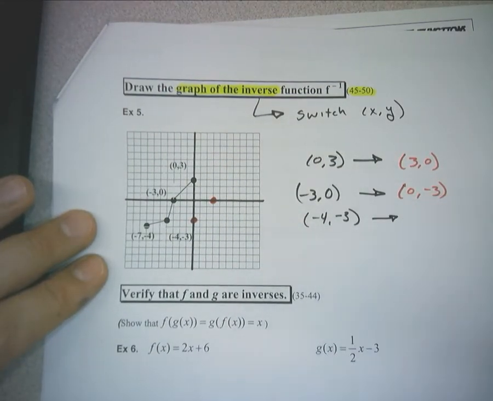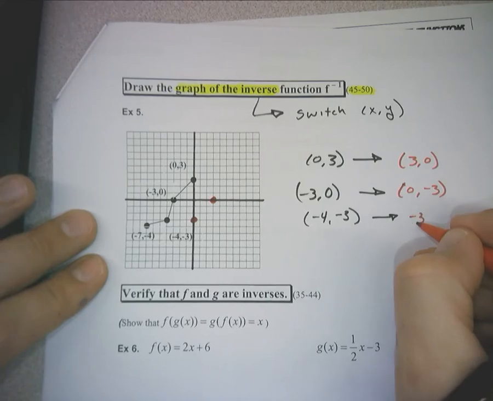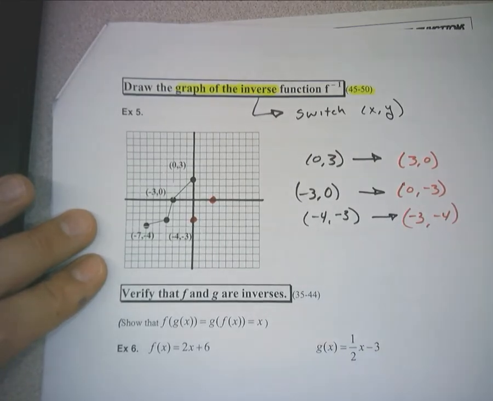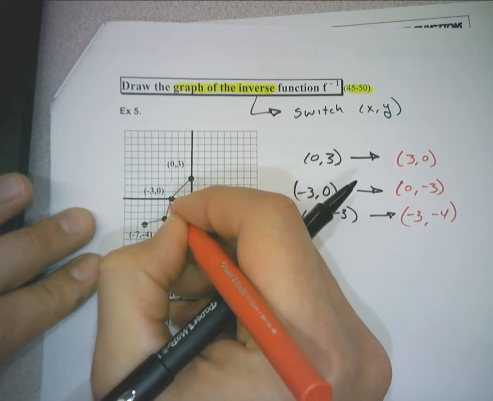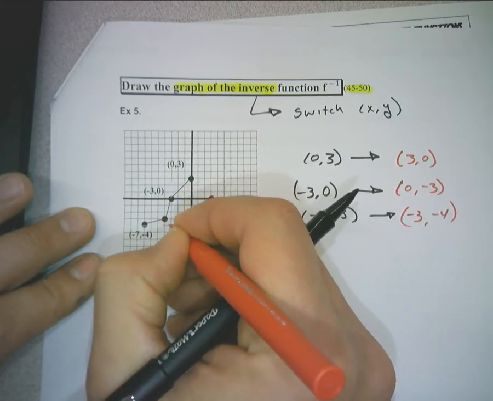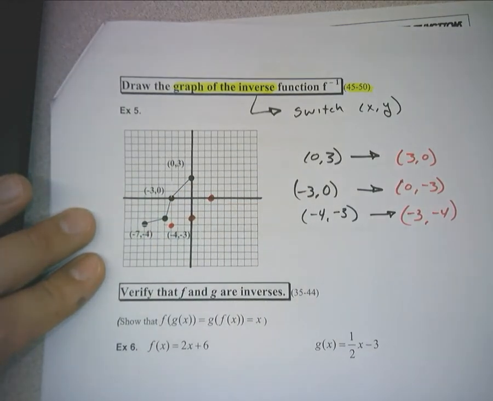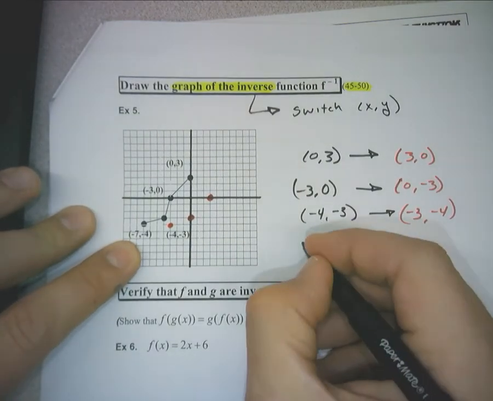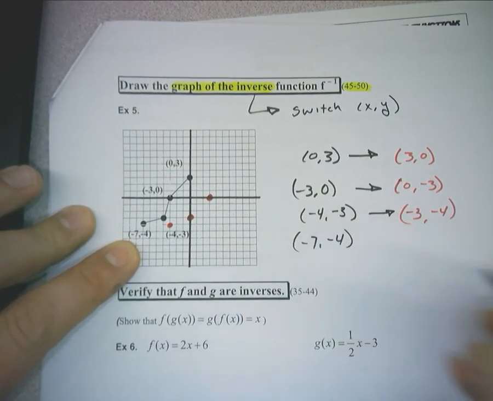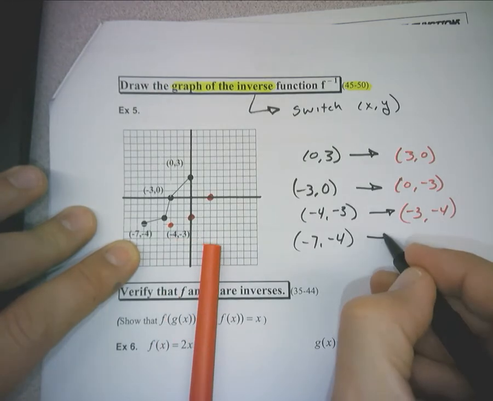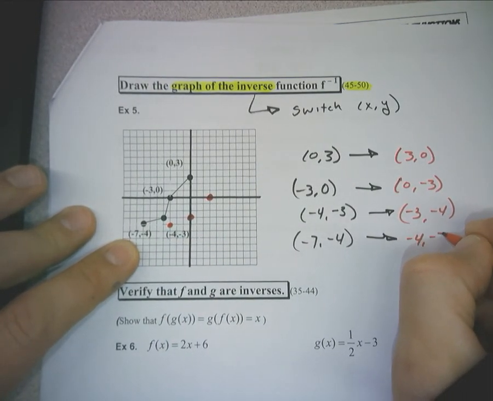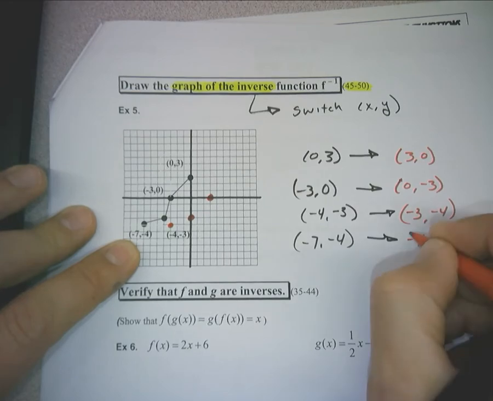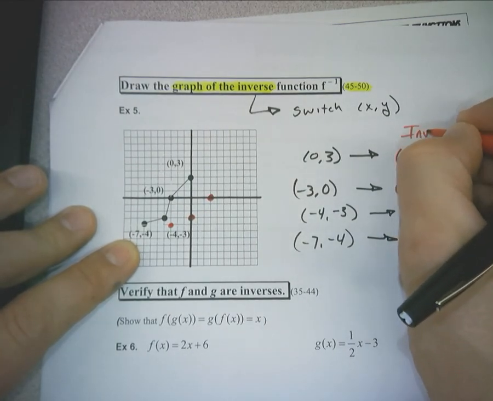Switch those guys to negative 4, negative 3. So I count over 1, 2, 3, and down 1, 2, 3, to the 4. And then the last one, go ahead and flip those guys, negative 7, negative 4, flippy flops. Now I have negative 4, negative 7. Okay, so these are my new inverse points.